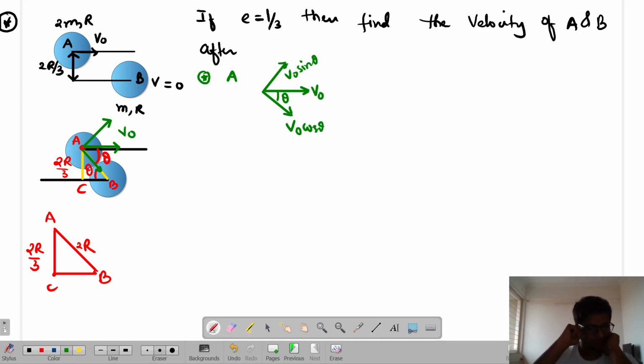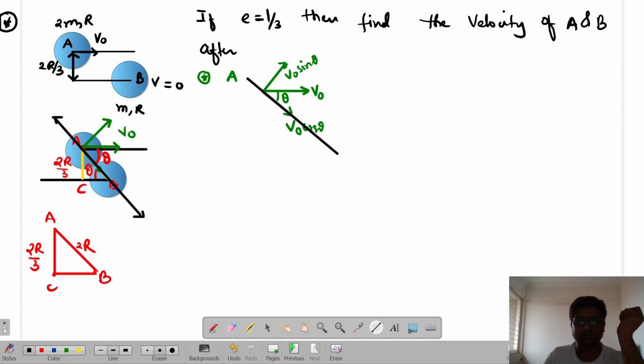Now at that time it collides with B. If you look into that, the line of impact is the same, which passes through AB. This is my line of impact.